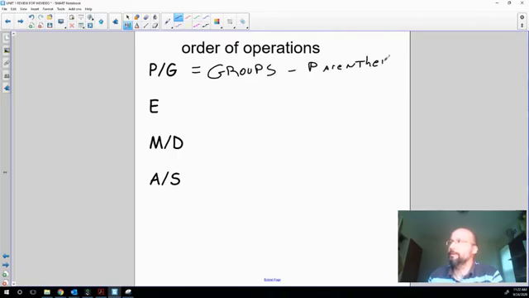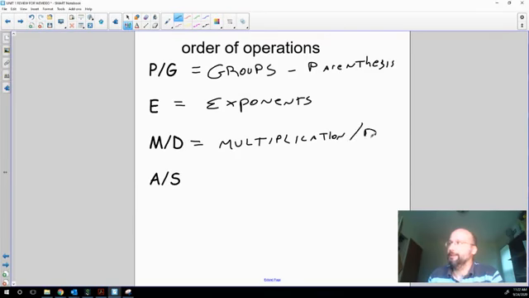This is the order that you do problems. E is exponents. You do multiplication and division at the same time from left to right.